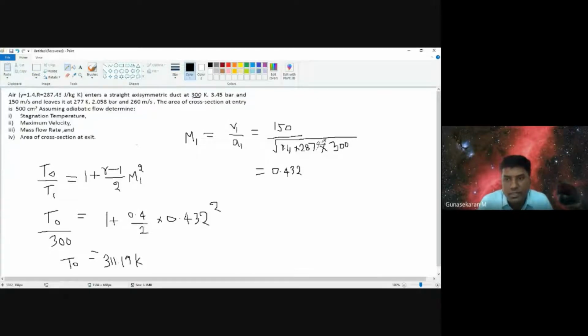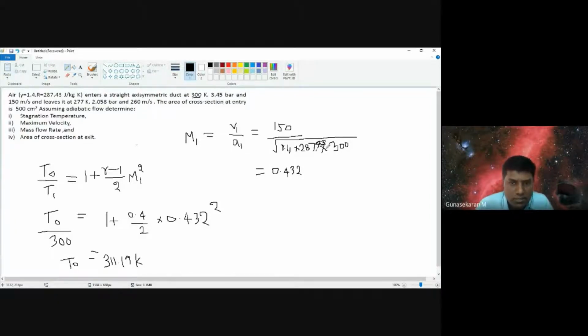Then into temperature. Temperature is the static temperature at the inlet, which is given as 300. If it is given in degrees Celsius, you need to convert.